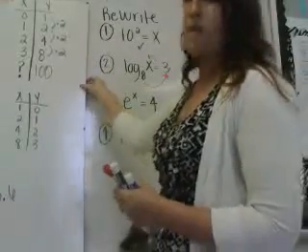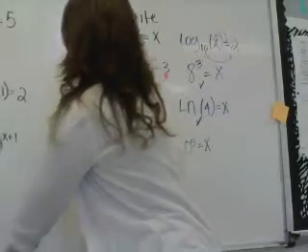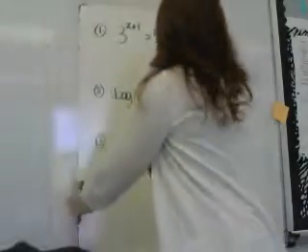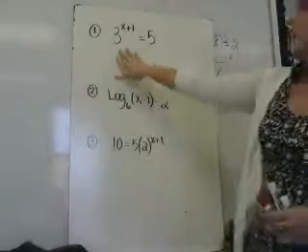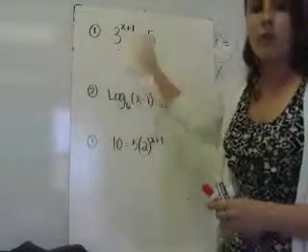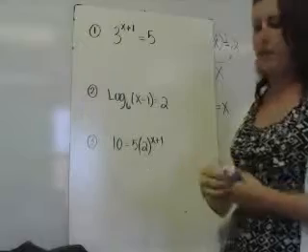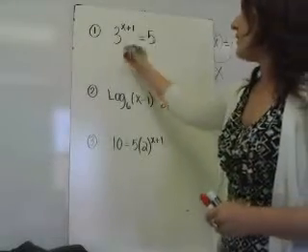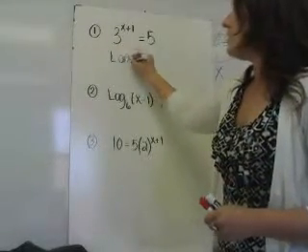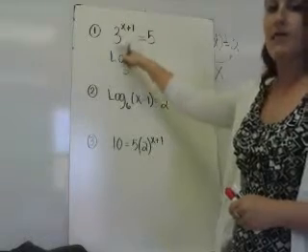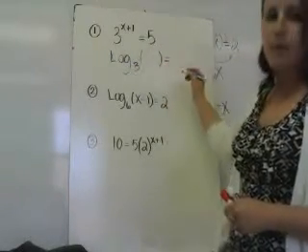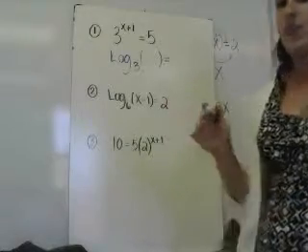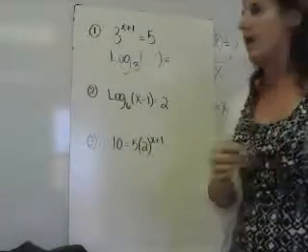Alright, so let's look at some solving real quick. Alright, number 1, you could definitely just do y1, y2, second trace 5, but I'm going to rewrite this as a logarithm. So I have log, my base is 3, and again, the purpose of this whole thing is so that your exponent is by itself.